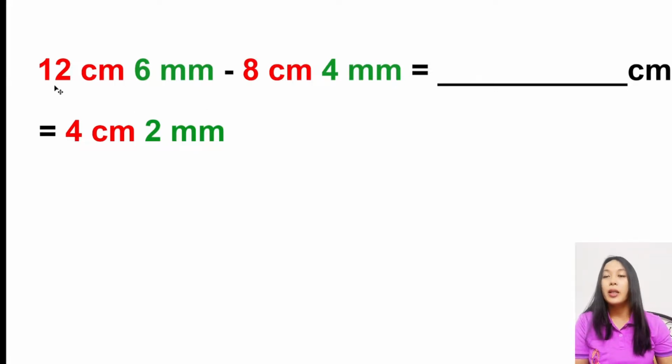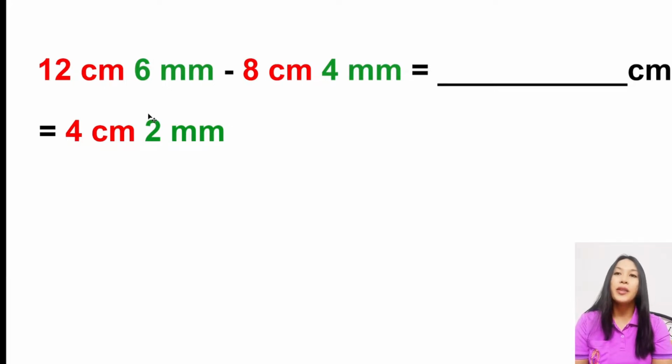First thing we have to do is we have to subtract the two sets of measurements and then we convert them into centimeters. So if we subtract 12 centimeters and 8 centimeters, we get 4 centimeters. Very good. If we subtract 6 millimeters and 4 millimeters, we get 2 millimeters.